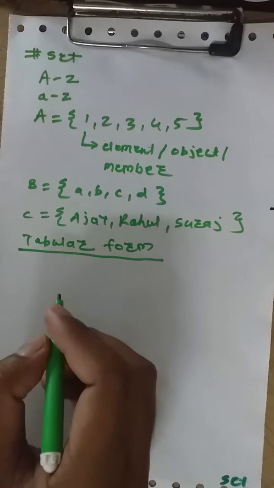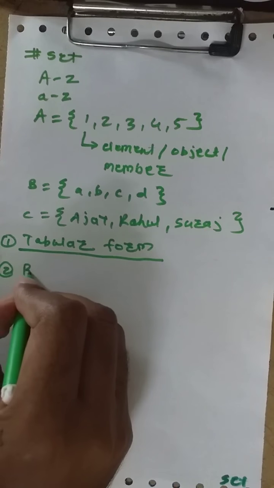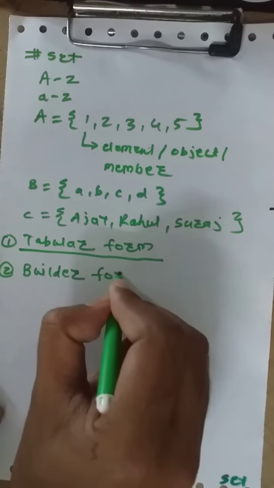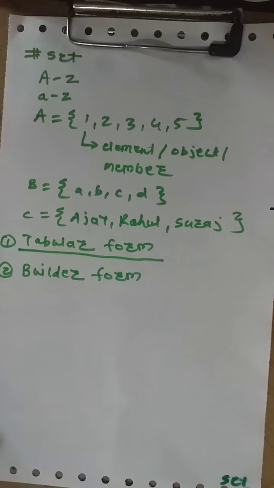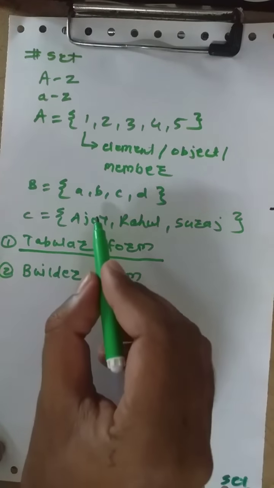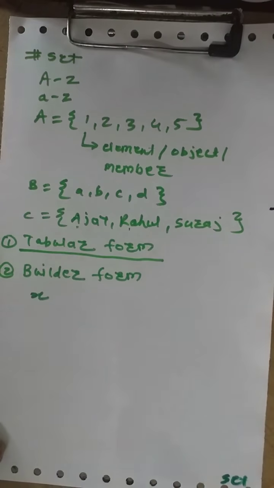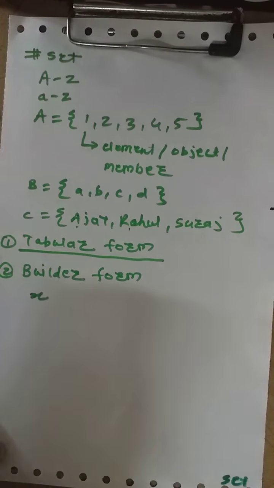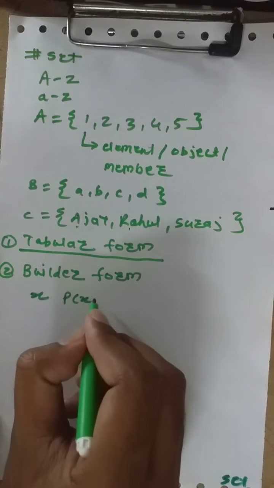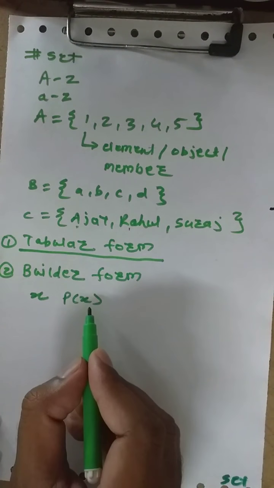The second form is builder form. In builder form we consider the elements of a set as x, and its property is considered as p of x, the property of that element.